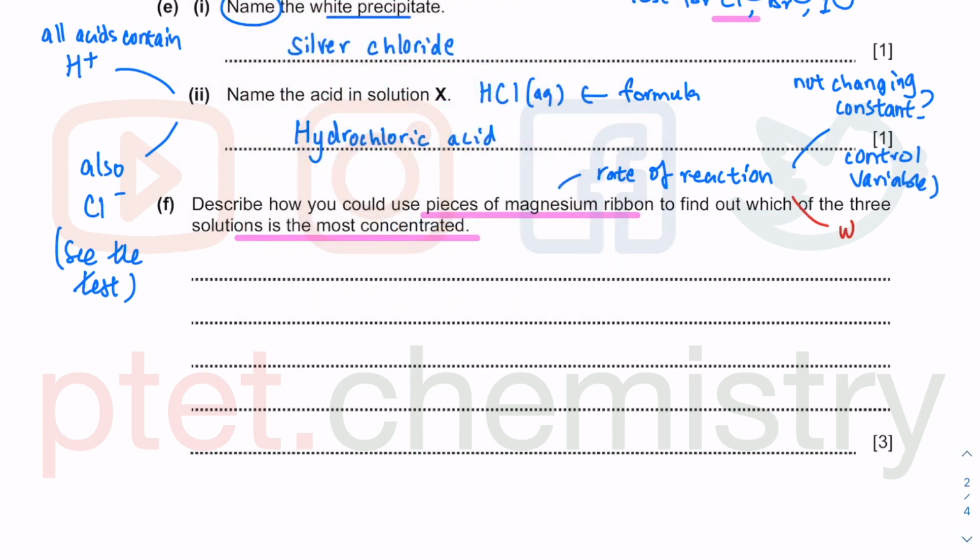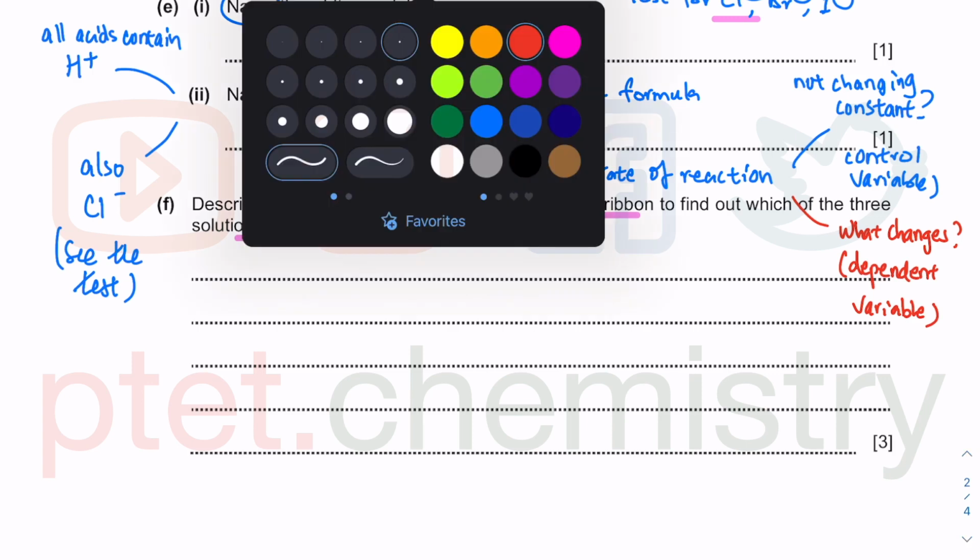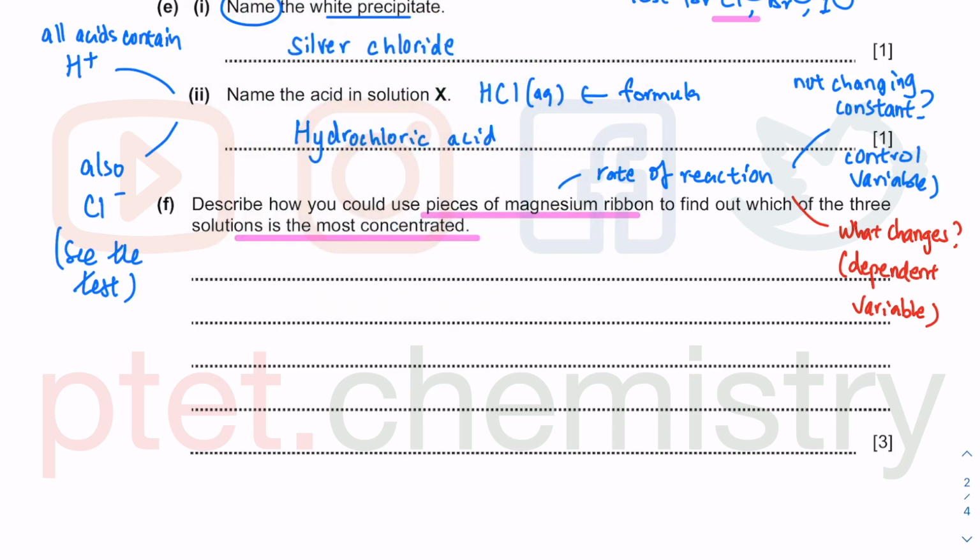What changes will be your y-axis, and that is what you call the dependent variable. These are straight from lower secondary science, year 7 and year 8. And then the last thing is what to measure. What you are measuring is called the independent variable. Independent variable is what you need to measure in a reaction, in this kind of experiment.